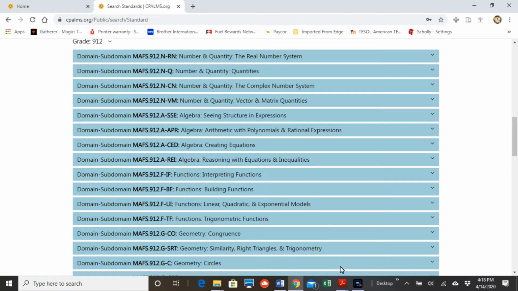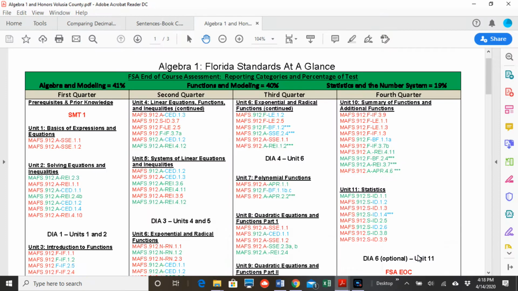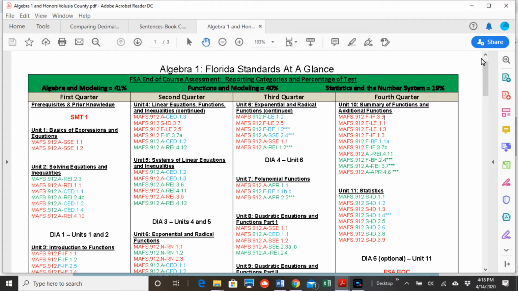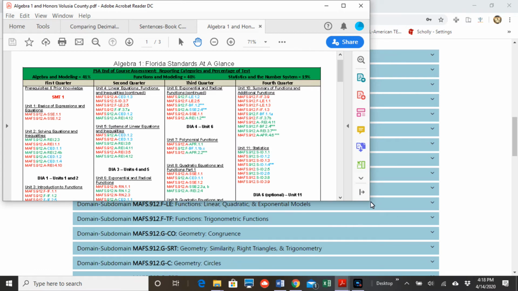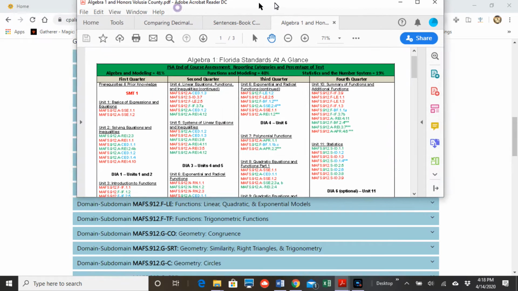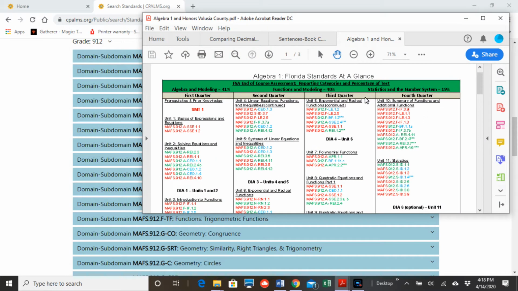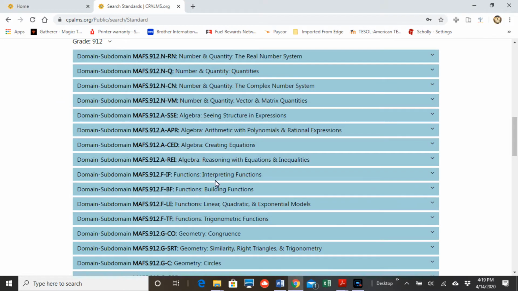So we had, as my example that I'm going to use, Algebra 1. Doesn't matter if it's Algebra 1. I'm looking for the standard. So Math 9 to 12, FIF 3.9. Okay, so I'm going to minimize this. So FIF 3.9. FIF, so these are the roots.